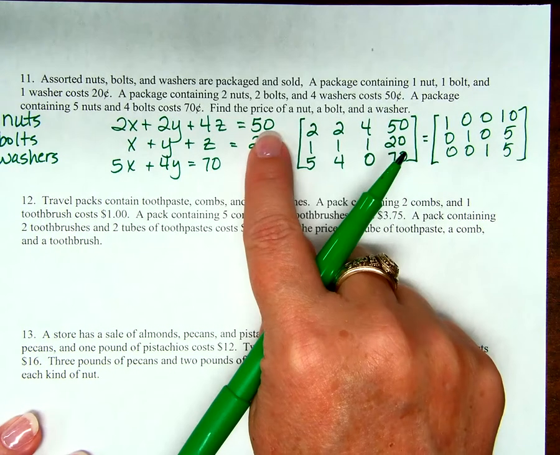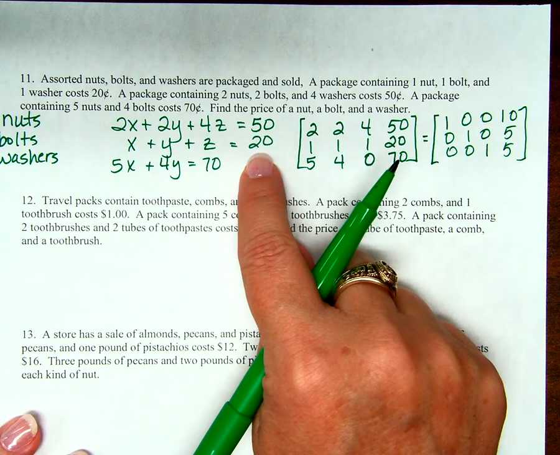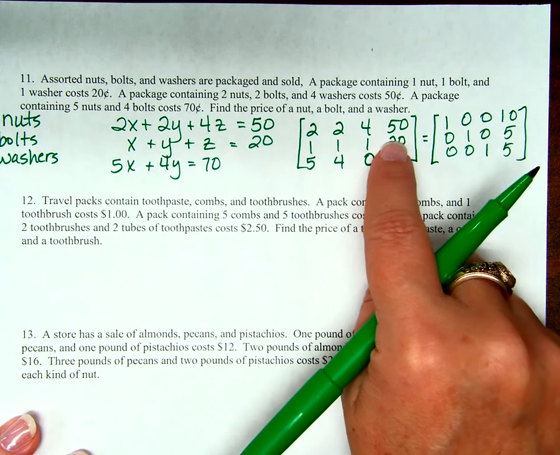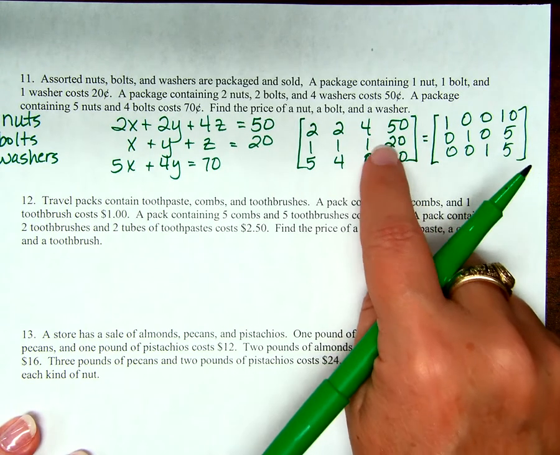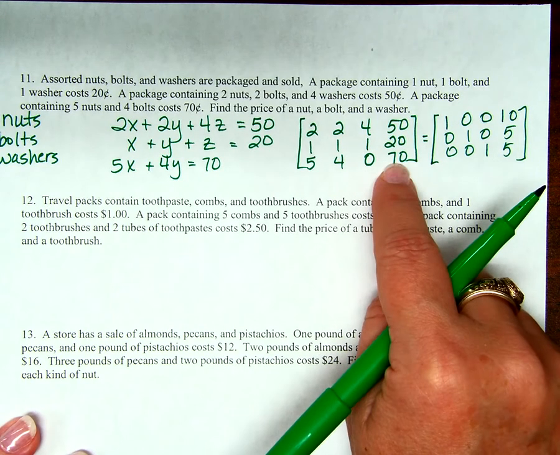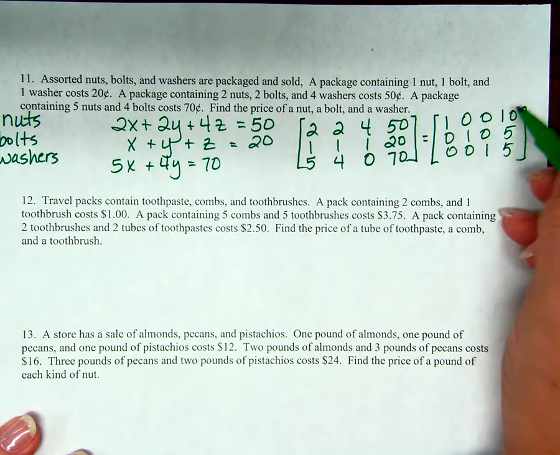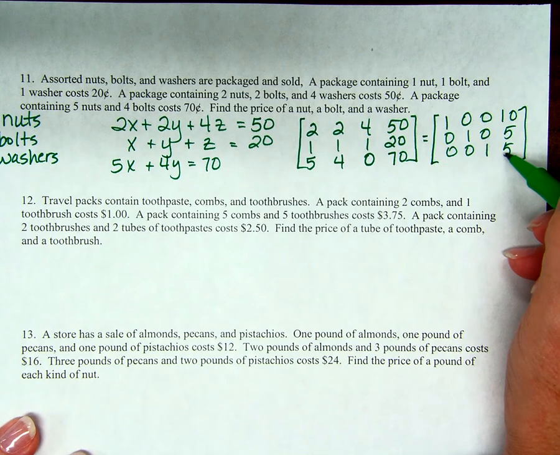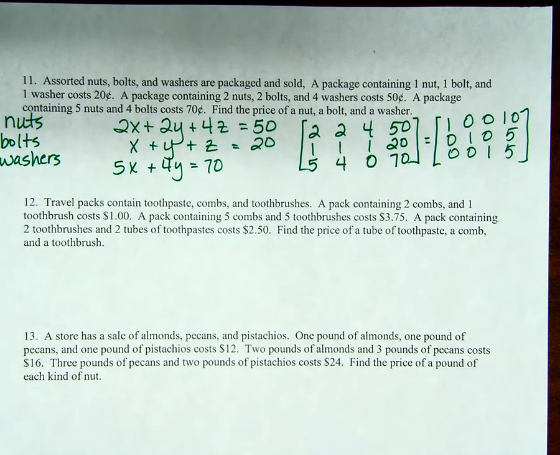Because we put this in as 50 cents and 20 cents and 70 cents. What would happen if we put in the coefficient matrix 0.5, 0.2, and 0.7? We'd have 0.1, 0.05, and 0.05, wouldn't we? Okay, as long as we can interpret it, it's fine.